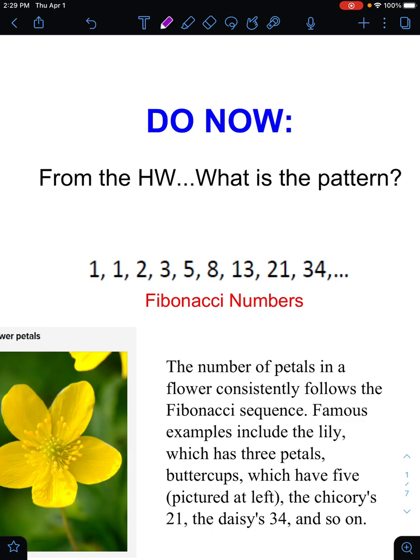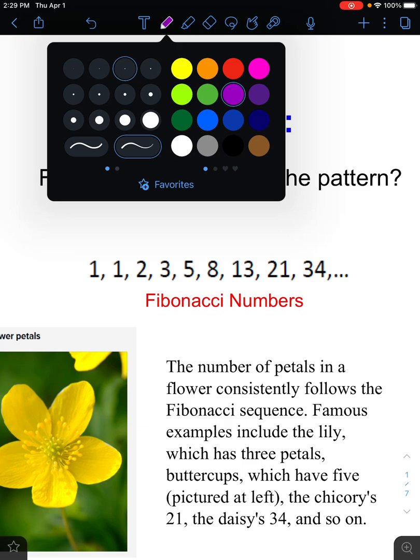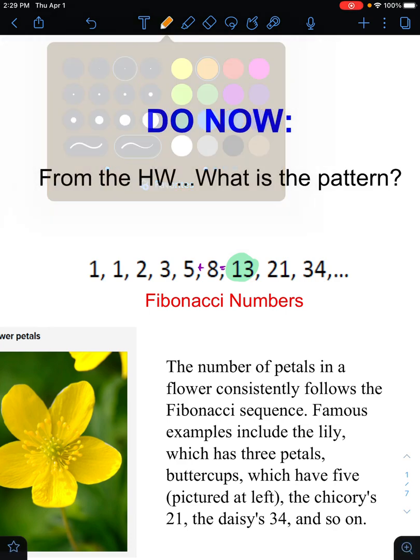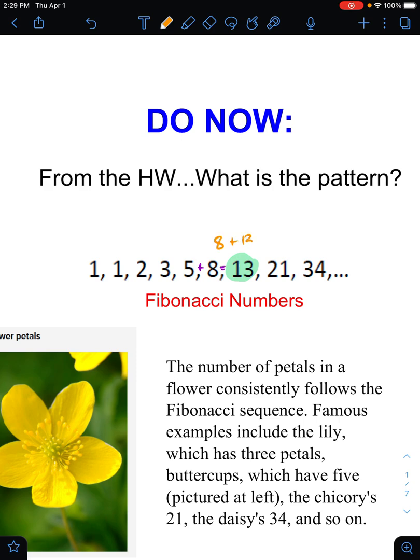So yesterday, either on homework or in classwork, you were asked to find a pattern for this particular series or sequence of numbers, this list of terms. 1, 1, 2, 3, 5, 8, 13, 21, 34. And what you might notice is that 13 is equal to 5 plus 8, and that 8 plus 13 is 21, or that 13 plus 21 is 34.